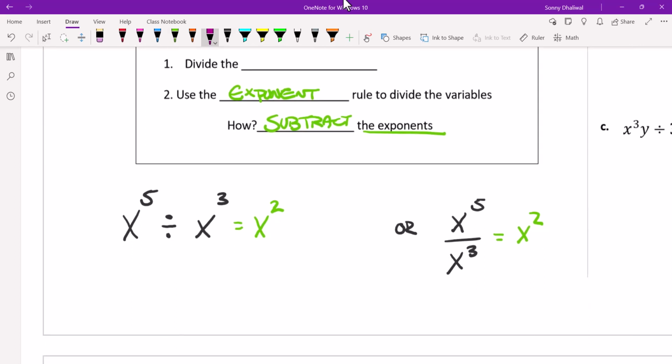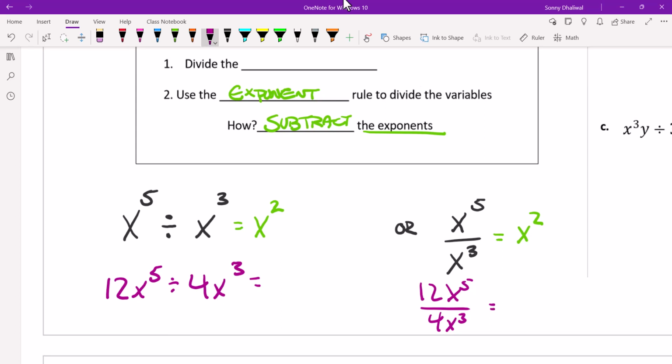Now, if I put, let's say, 12x⁵ divided by 4x³, or writing it as a fraction, actually, 12x⁵ over 4x³. I think for the most part, I'm going to suggest you write it as a fraction, because you're going to make fewer mistakes.